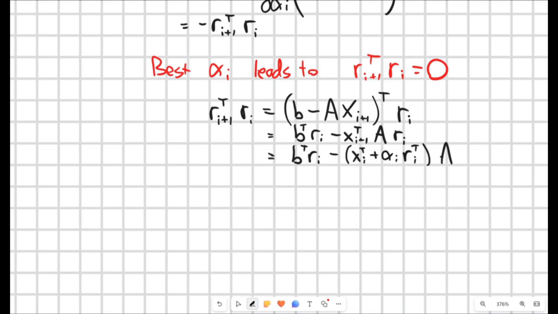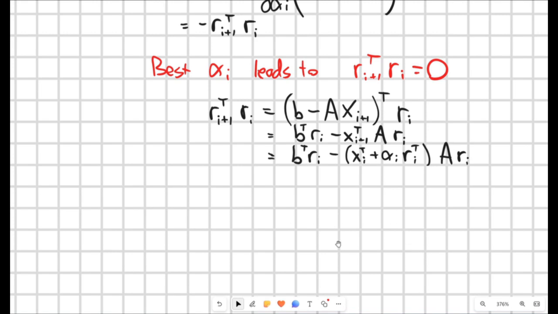Again, all multiplied by A times Ri. So it's by using this previous definition of x(i+1) from our algorithm that's how we can get alpha into here, basically. So now we set this whole thing equal to 0, and then we solve for alpha.